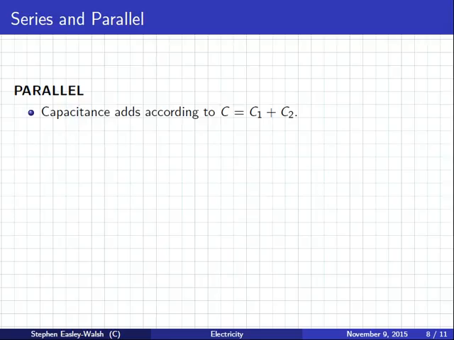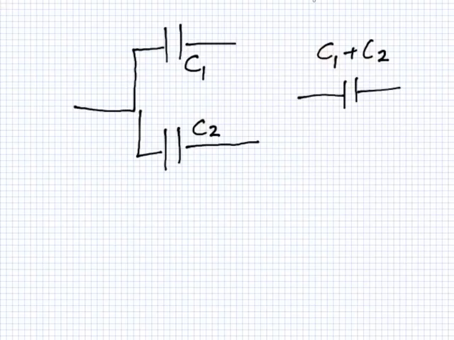Do you know why it adds like this? Because here, if I want the capacitance in total, let me call it C total.